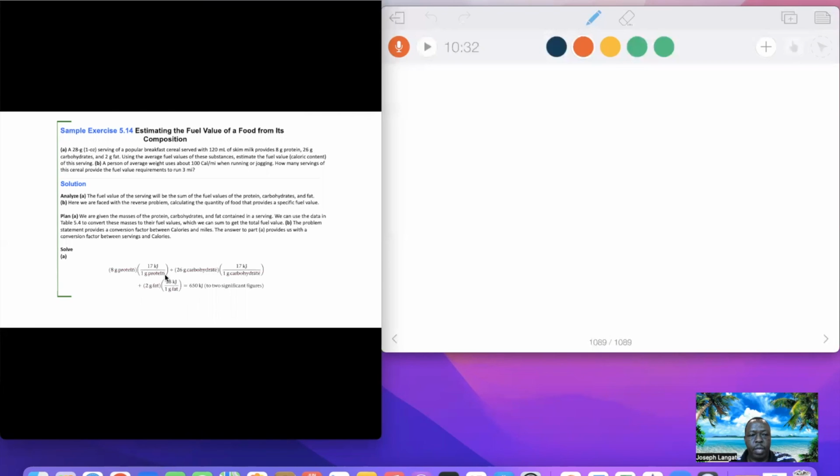If the meal includes 26 grams of carbohydrate, you will be given the fuel value in kilojoules per gram of carbohydrate and for fat, and then you do the same thing. So that's how to set up.